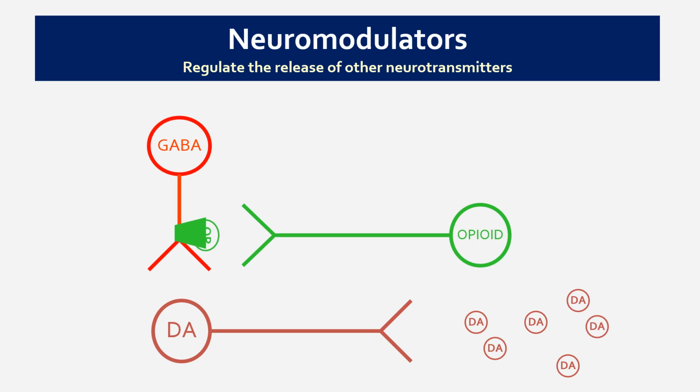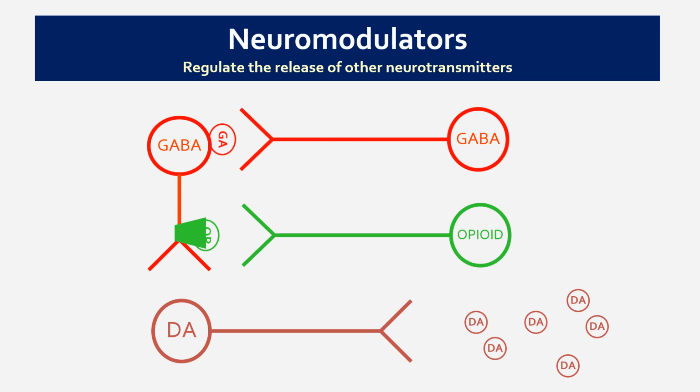The GABA is then modulating the firing rate of dopamine, and so we can turn up or down the firing rate of the dopamine neurons. There are also GABAergic projections, which themselves release GABA onto the GABAergic neuron. This, just like the opioid, is a double negative that can reduce the release of GABA from the interneuron onto the dopamine neuron, and again can turn up the firing rate of the dopamine neuron.